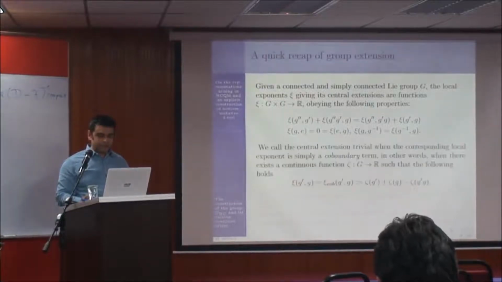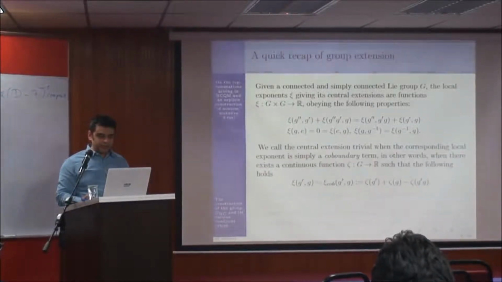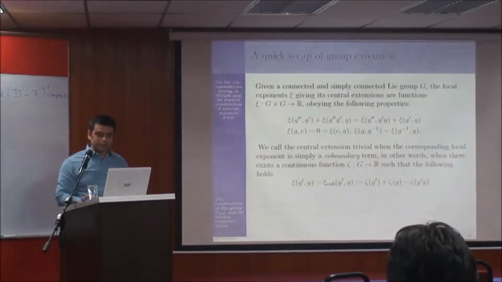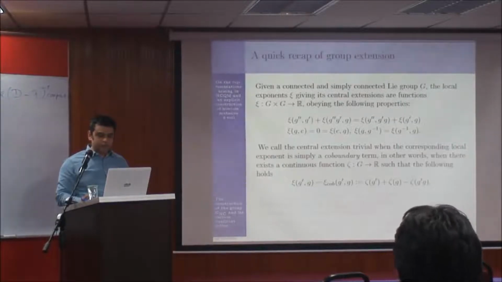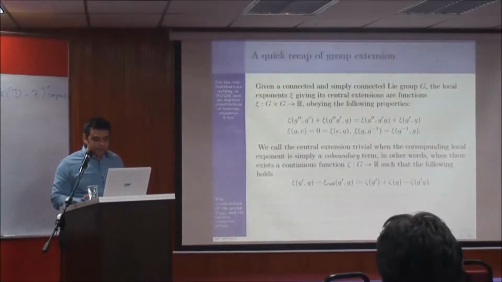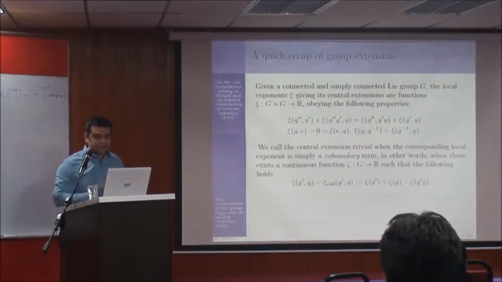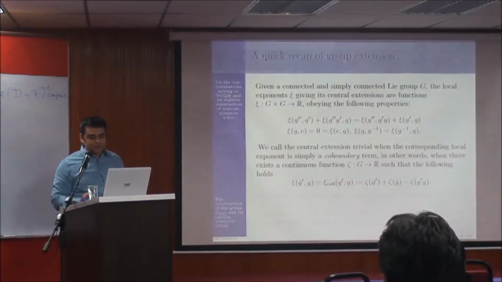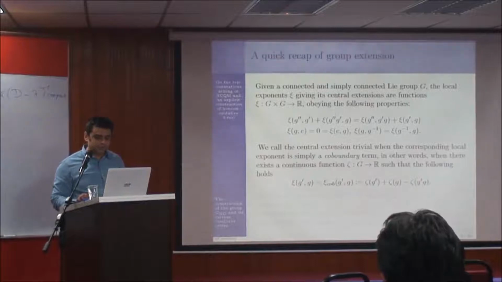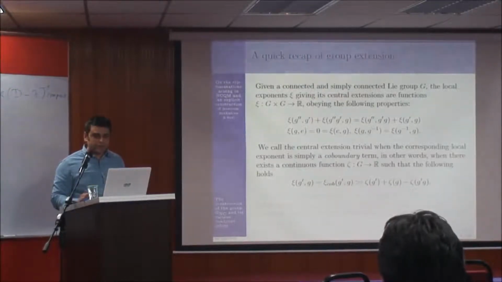If they satisfy these equalities, they are called local exponents. There is a special type of local exponent which is called a coboundary term if there exists a continuous function zeta from G to R such that the following holds. Then this C(G', G) is a coboundary term, and it can be expressed in terms of that continuous function zeta.